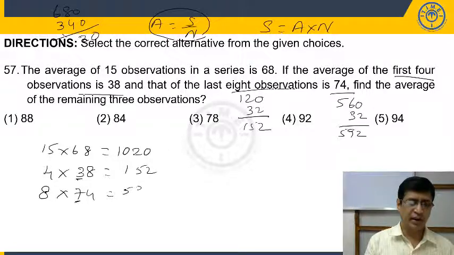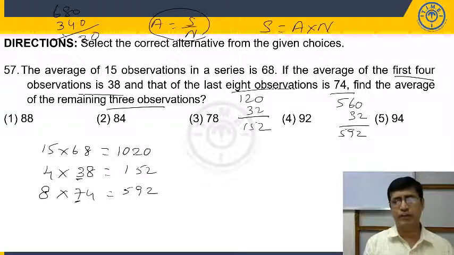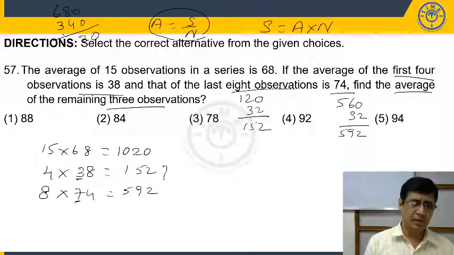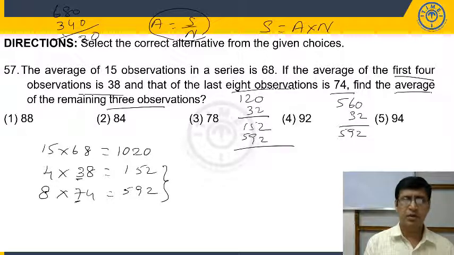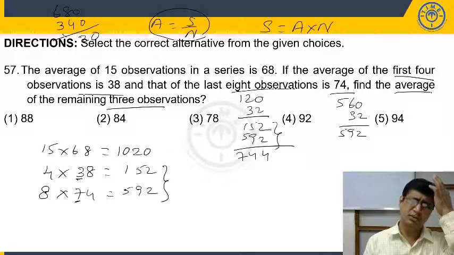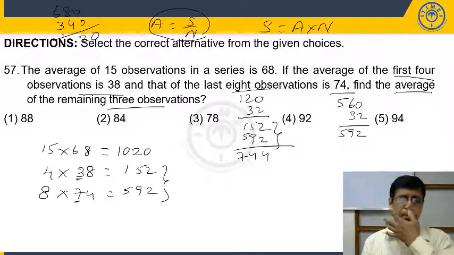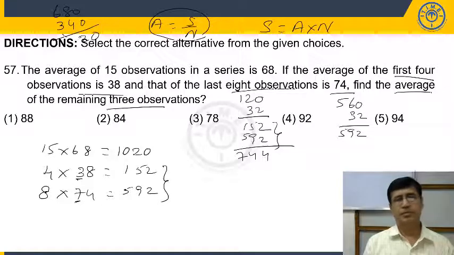It is 592. What is being asked? The average of the remaining 3 observations we need to find. Now the sum of these two values, 592 plus 152. How much is the sum? When you add these two, you will get 744.